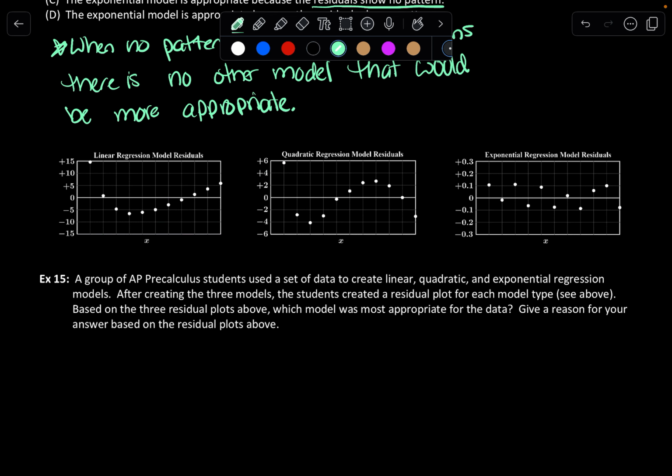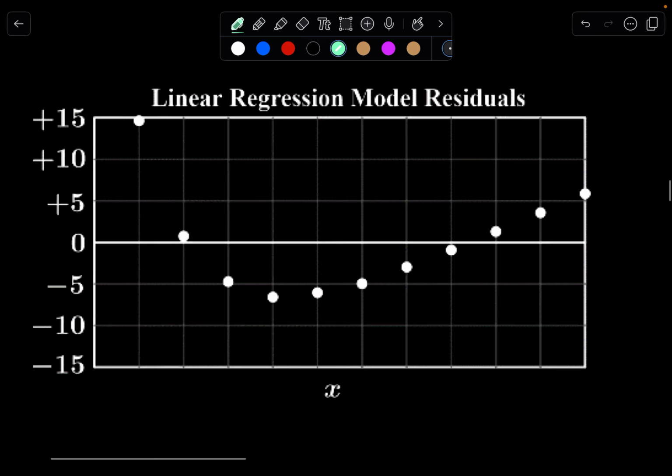After creating the three models, the students created a residual plot for each model type. Based on the three residual plots above, which model was the most appropriate for the data? Give a reason for your answer. This just stems from what we discussed above, but now we can actually see what it looks like when we choose a regression model that does not fit the data the best.